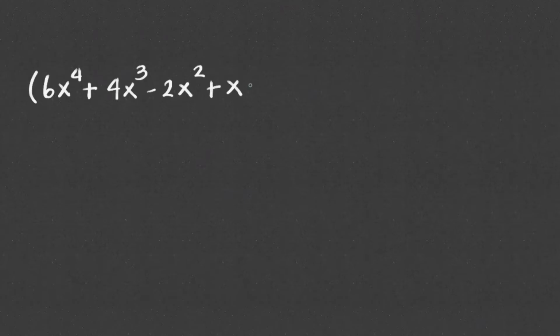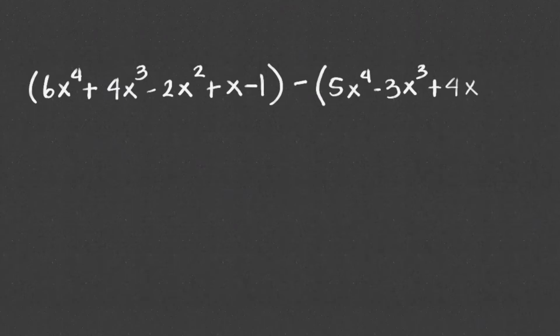Let us have another example. So 6x raised to the 4th plus 4x cubed minus 2x squared plus x minus 1 minus the quantity of 5x raised to the fourth minus 3x cubed plus 4x squared minus 7x plus 5.